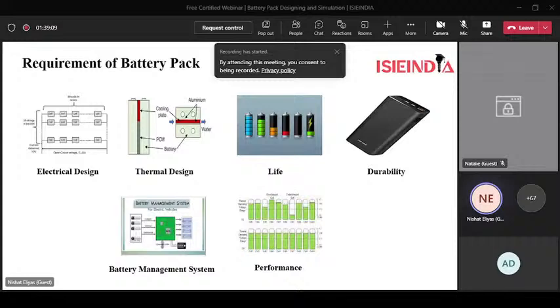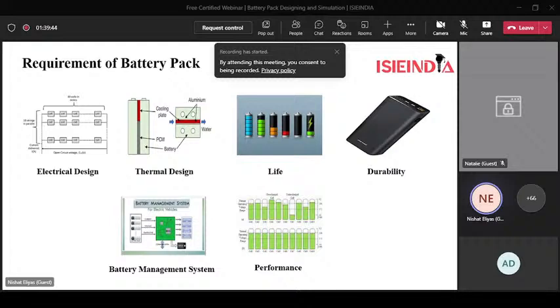These are some of the requirements of the battery pack: its electrical design, its thermal design, the life, the durability, the battery management system, and the performance. When we talk about the electrical design, this is about which kind of wiring harness we include in our battery pack, which kind of material we will be using, which kind of circuit we will be designing, and what the configuration of the cells would be.